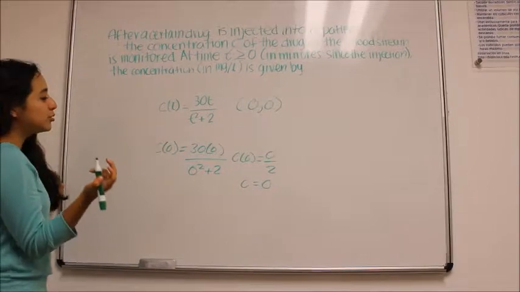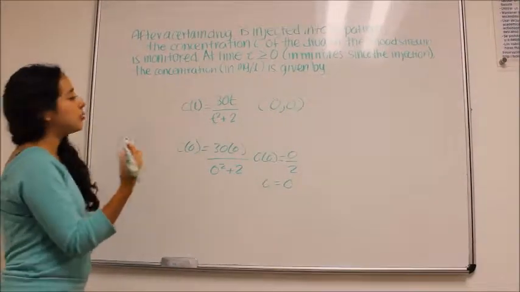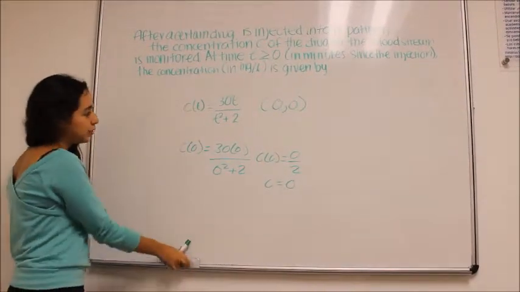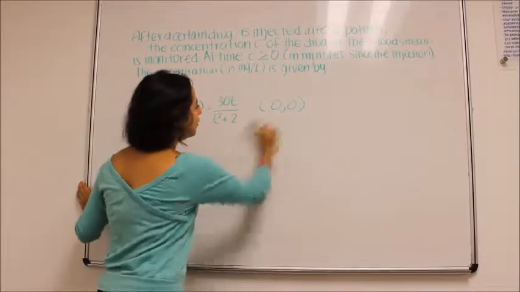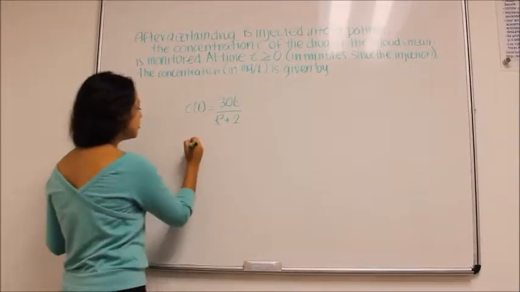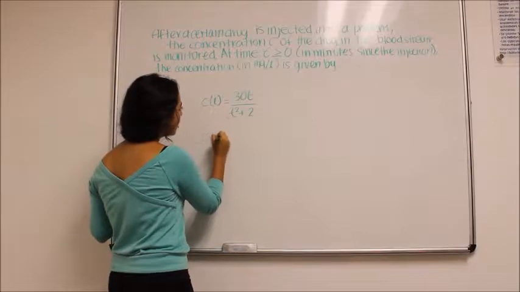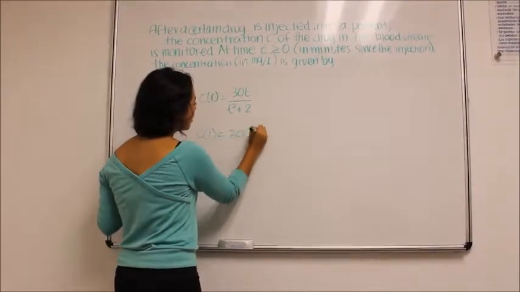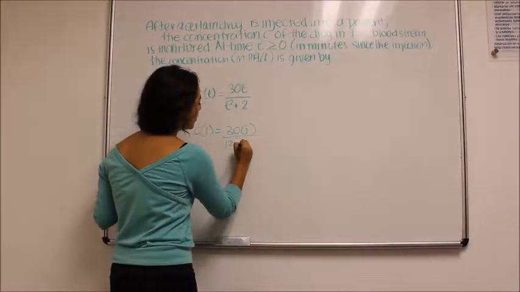Now we're going to do the same but with the number 1. We set t equal to 1. C(1) equals 30 times 1 over 1 squared plus 2.